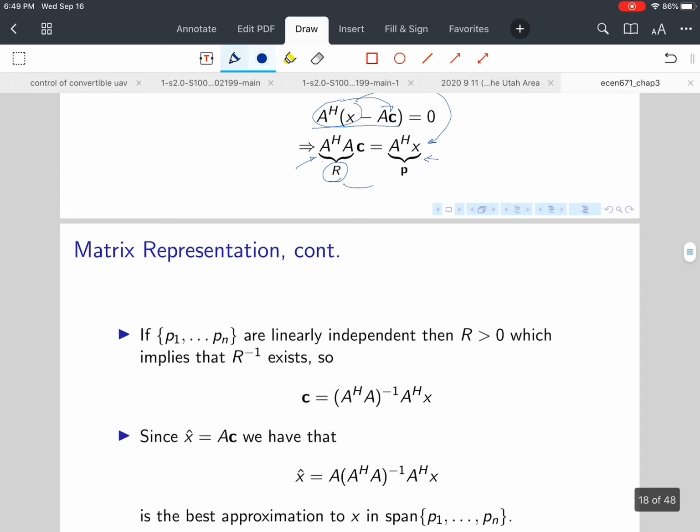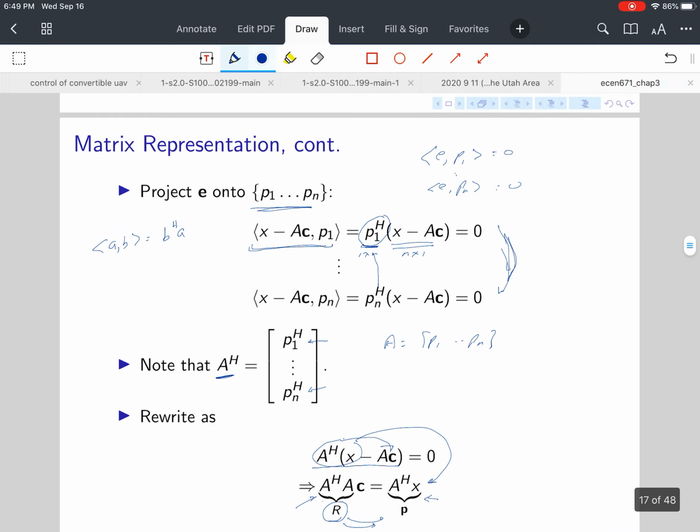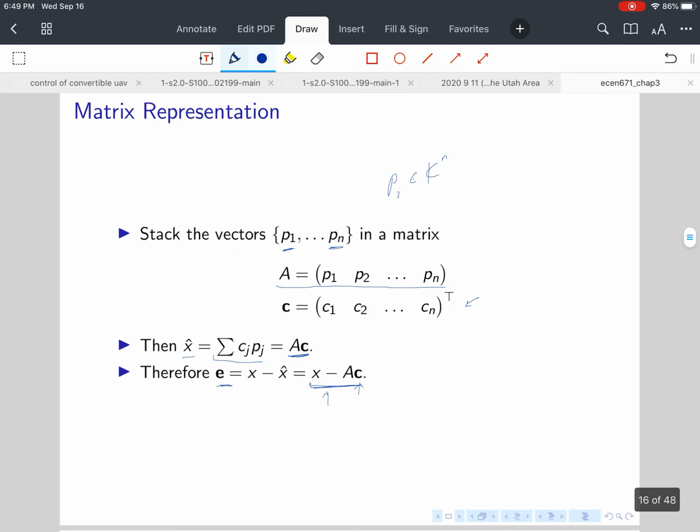Now we can invert this equation as long as R is positive definite. If P1 to Pn are linearly independent, then R is greater than 0. It's positive definite, which means it's invertible. So we can invert this equation, and our coefficients are going to be (A^H A) inverse times A^H x.